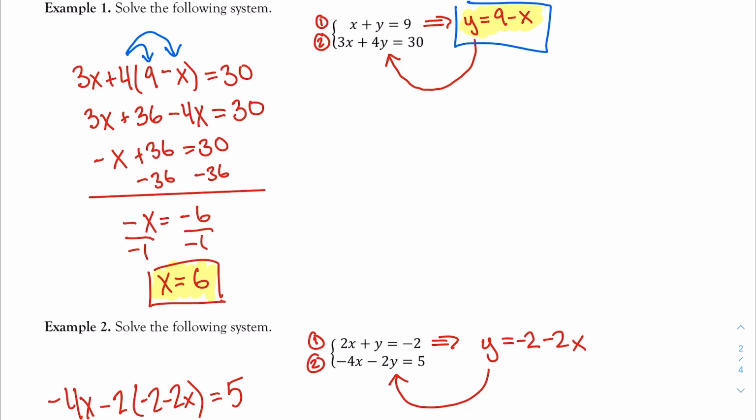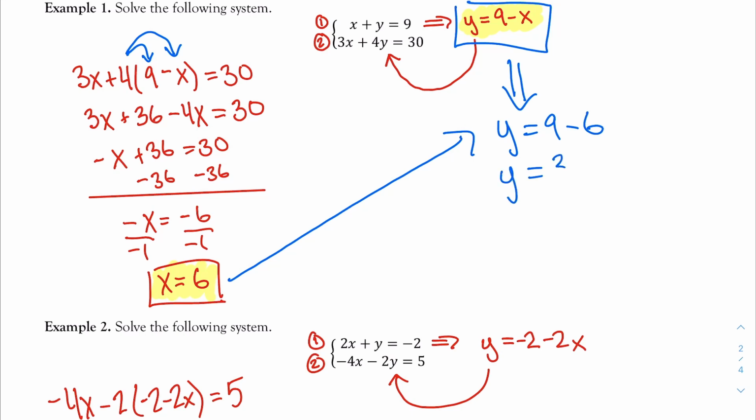In other words, if I know what x is, I know what y is. So, using this combined with what I know about x, I know y is 9 minus 6, or simply 3. So I have my x and my y.